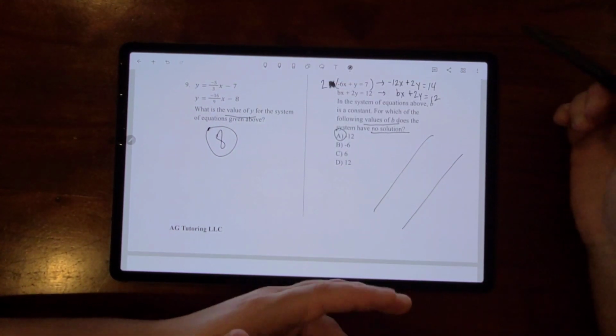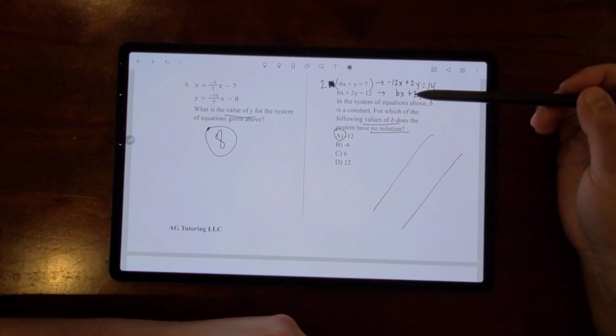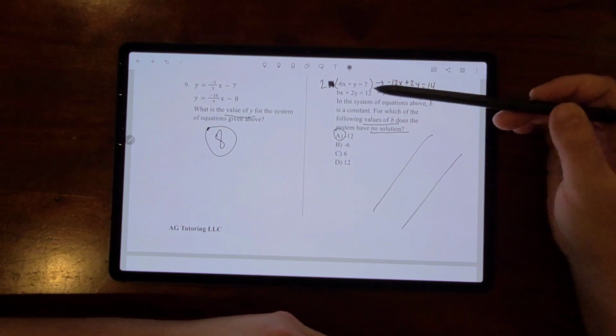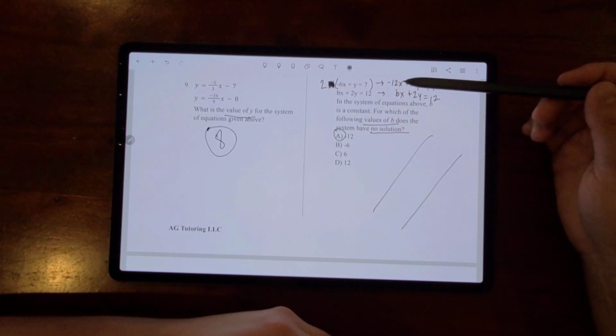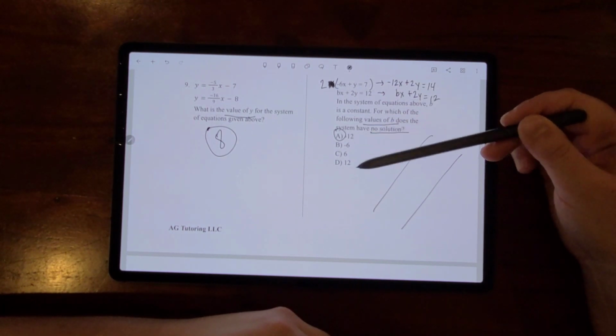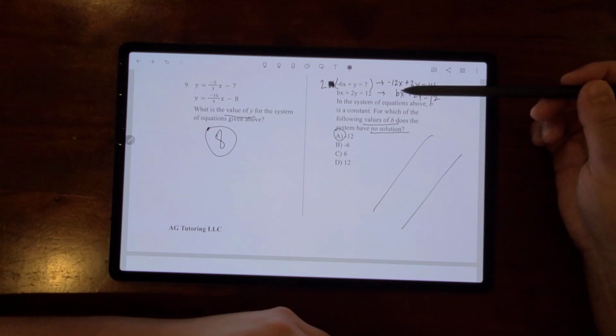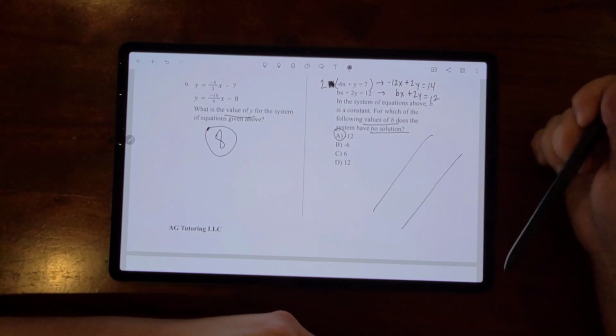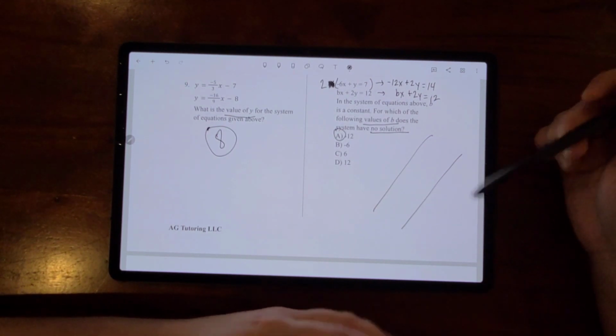Also, on the digital SAT, since you have access to Desmos and your graphing calculator, you could have checked this by plugging each of these values for b into Desmos, and seeing if you got parallel lines for no solution. You didn't even have to know that they're parallel.